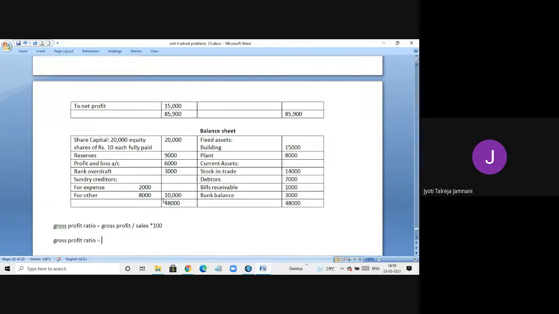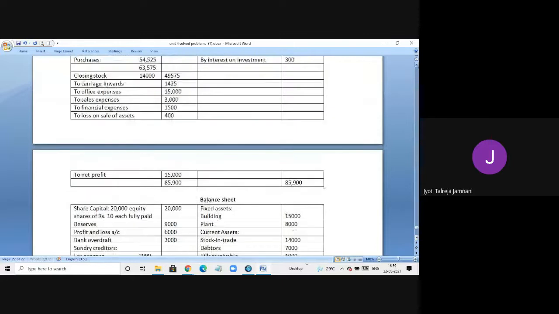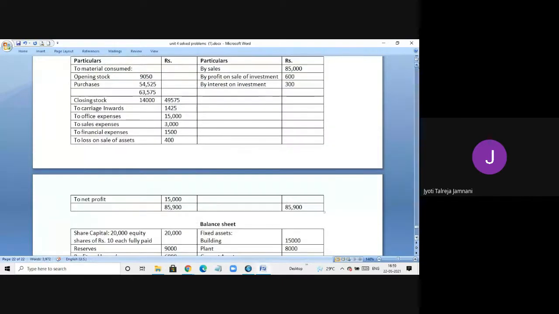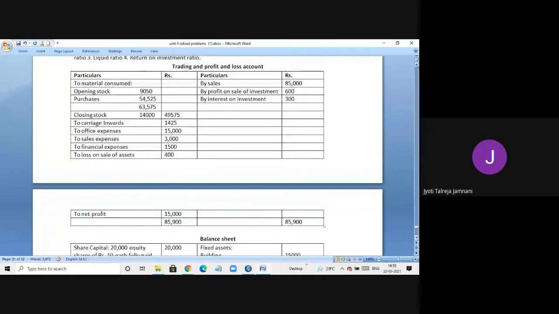So gross profit ratio is equal to, we'll see the gross profit in the trading and P&L account. They've not given the gross profit value. We can find it out.